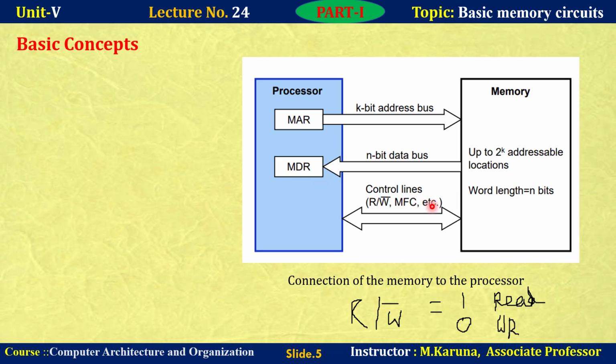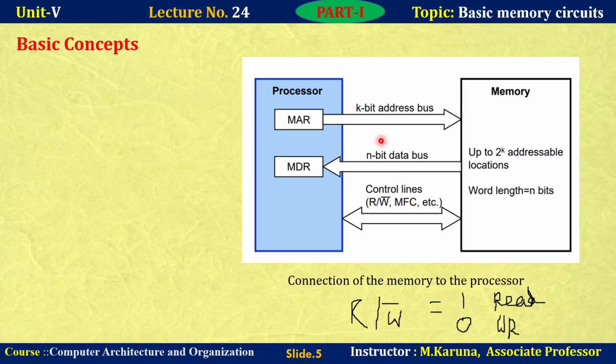The MFC control signal is activated whenever the data is placed on the data bus by the memory. After receiving the MFC control signal, the processor collects the data from the data bus into its MDR register. Likewise, the processor performs the read operation from the memory with the help of the MAR register and MDR register, as well as the address bus, data bus and control bus.